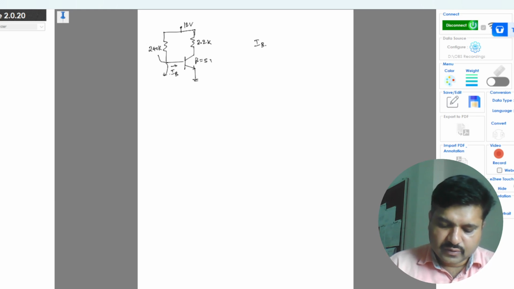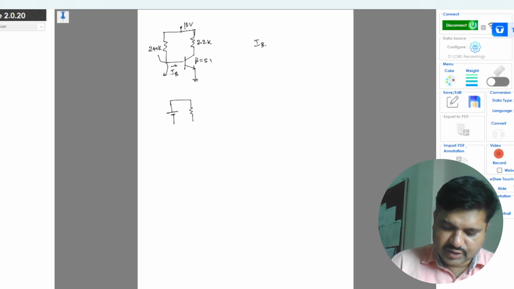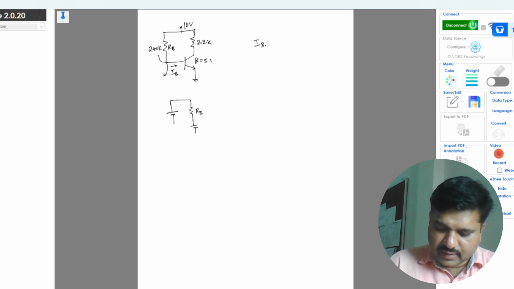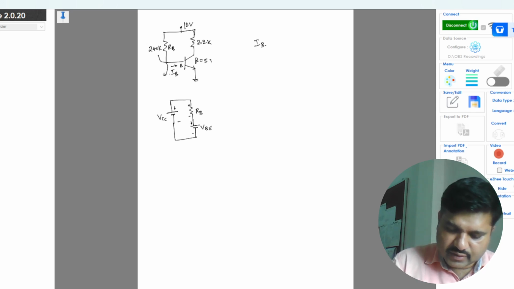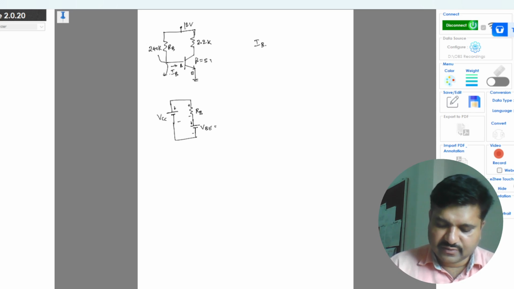In the input loop I have this VCC 12 volt distributed across this resistance RB, and you have VBE connected to the ground, the base to emitter voltage, which is by default taken as 0.7 volt.